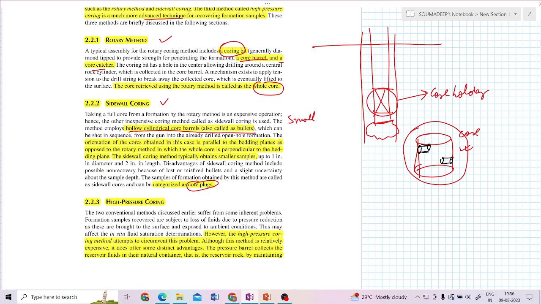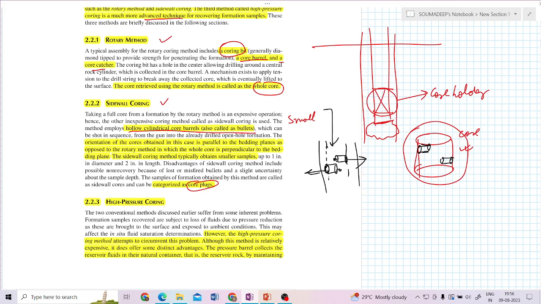How does sidewall coring actually look? If this is the downhole instrument, here you will see hollow cylinders with springs attached. When we need to take the core, we give a signal from the surface, and just like bullets, they come out.